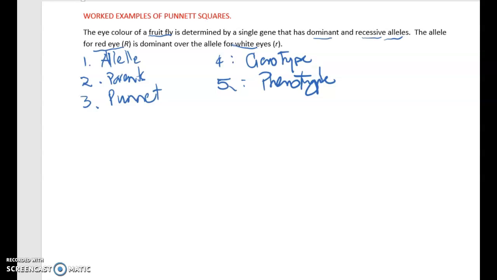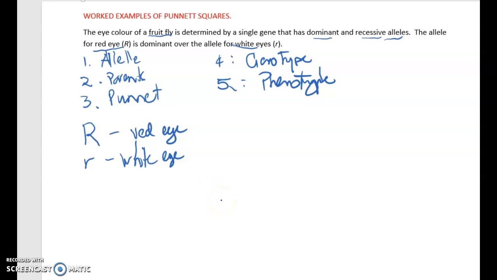In this case, will be red eye. So we'll use R for red, and that's the dominant. So we'll write red eye. And the recessive, we use the same letter, but lowercase, even though it represents white eye. So that's step 1, allele.